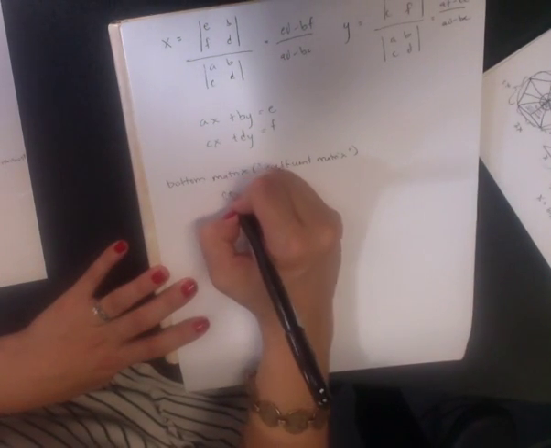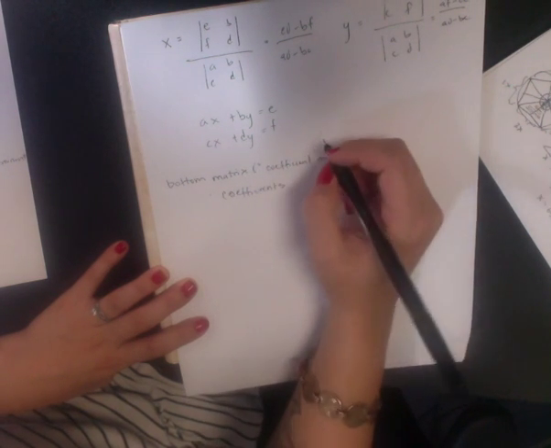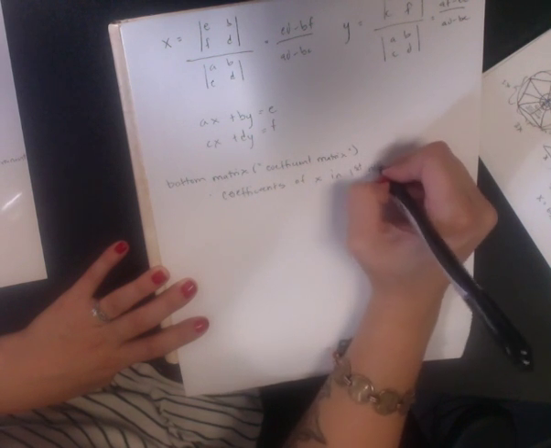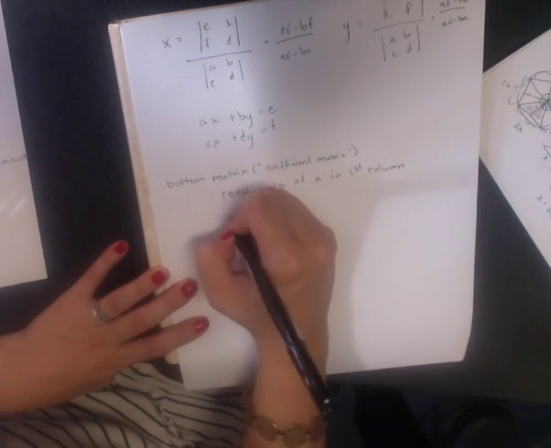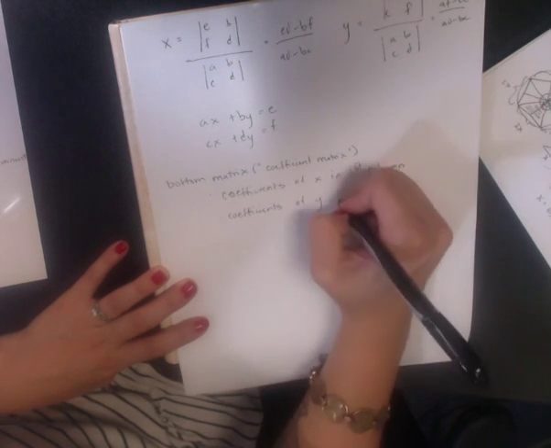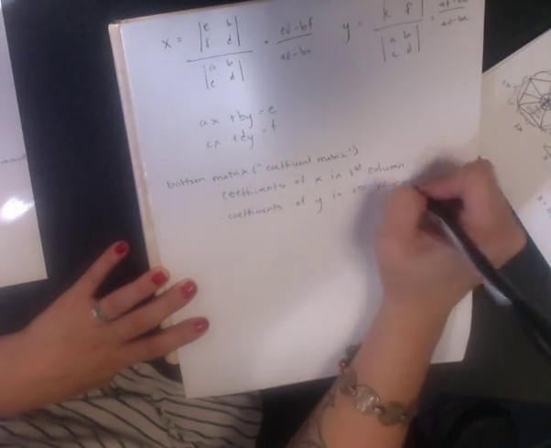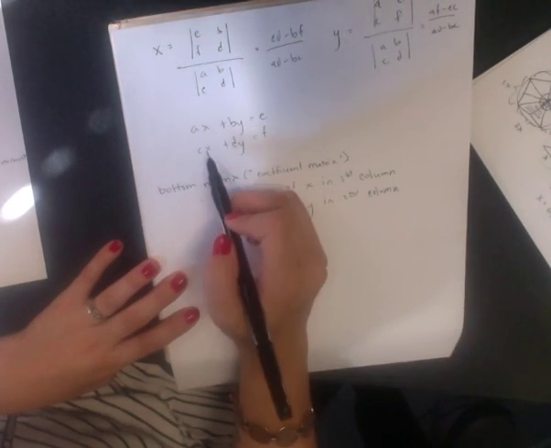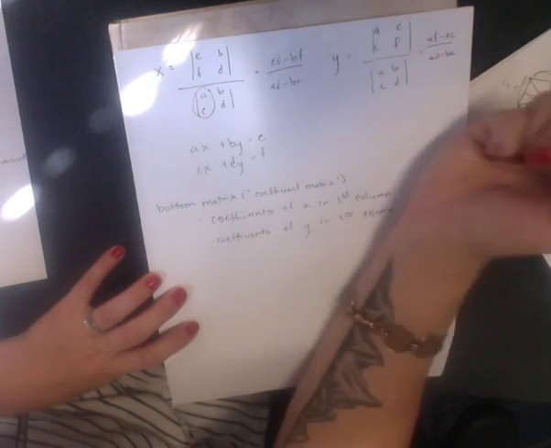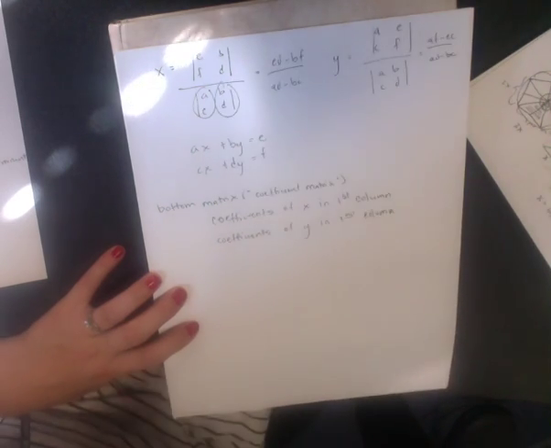We have the coefficients of x in our first column, and we have the coefficients of y in our second column. See, we have A and C corresponds to A and C here. B and D corresponds to B and D here.